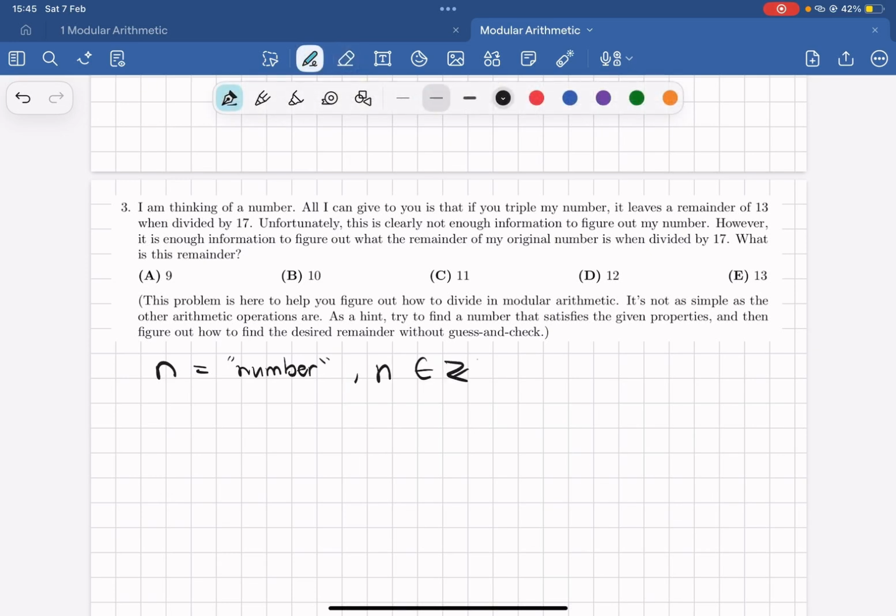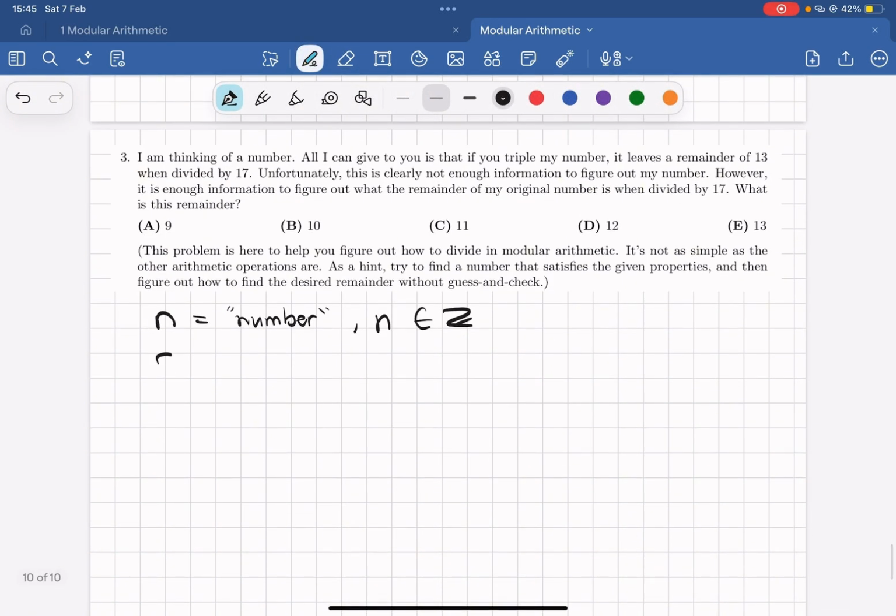Well, not even a positive integer, just an integer. So 3 times this number leaves a remainder of 13 when divided by 17, so it's some multiple of 17 plus 13. That's our first piece of information.